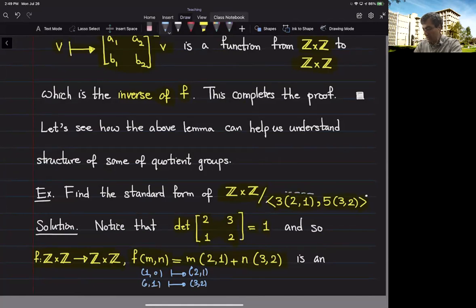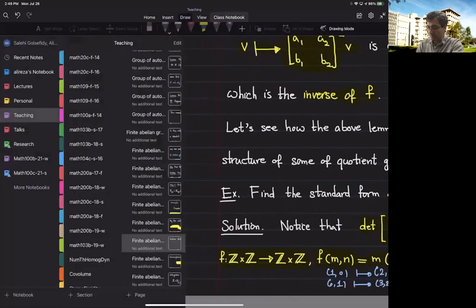If this guy was (1,0) and this guy was (0,1), we could have used our earlier technique and used the map to Z sub 3 cross Z sub 5 and gotten an isomorphism between this factor group and Z sub 3 cross Z sub 5. So that's what we are doing essentially.